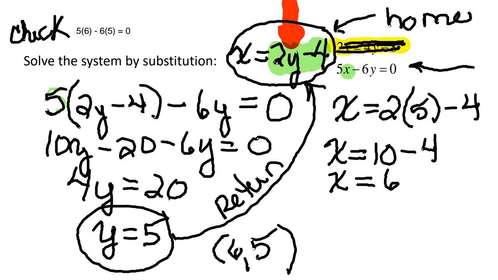That is the whole part that you have to watch out for. Fractions. If I can avoid it, don't use fractions. Now, sometimes you have no choice. But if you have a choice, find the equation in the system where there are no fractions.